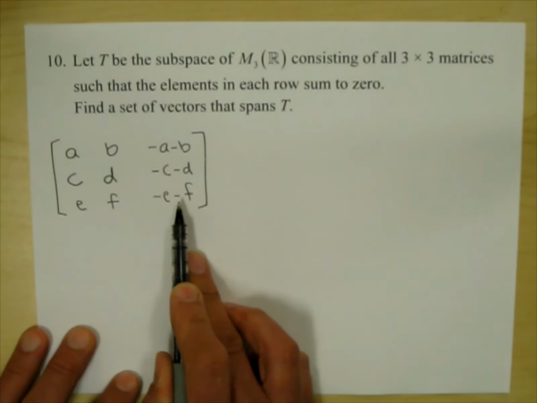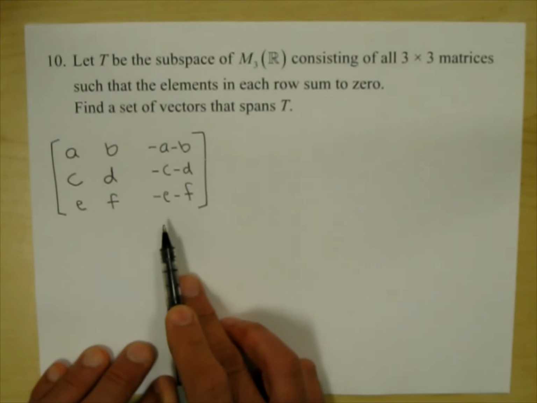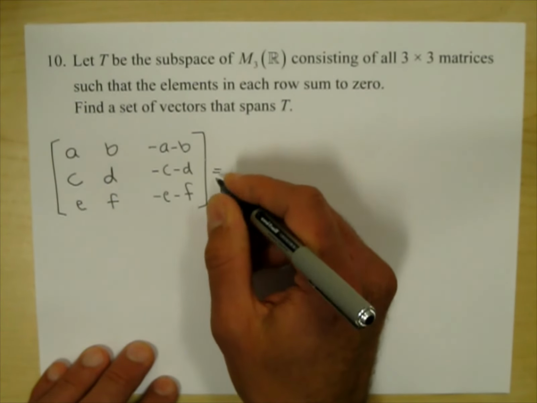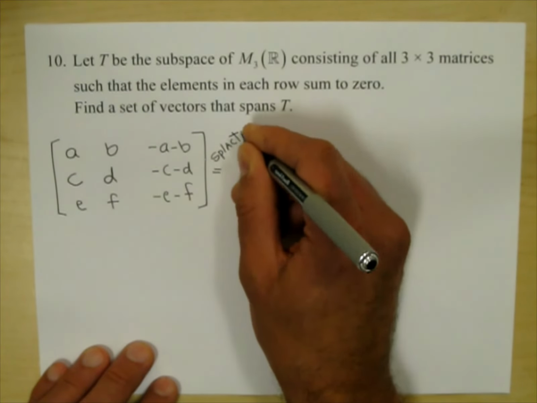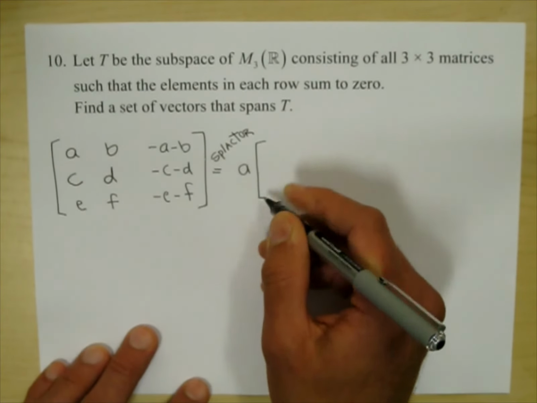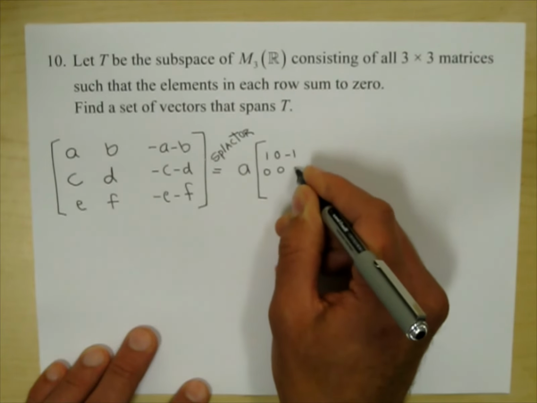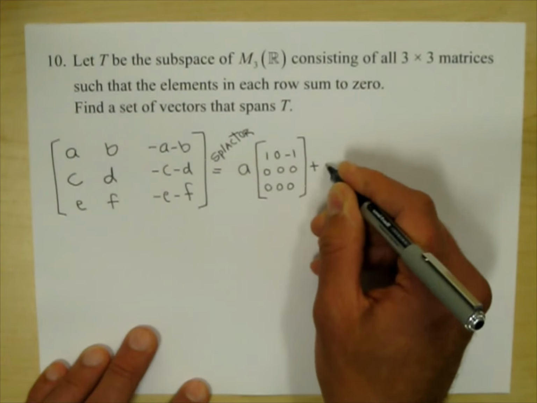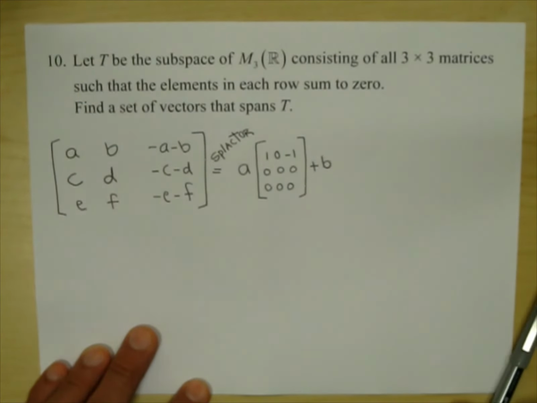It looks like that. And so what do we have to do? We're trying to find the seeds that generate anything in here. We're going to splatter. So A times the 3 by 3 matrix 1, 0, negative 1, and then zeros everywhere else, plus, so this is going to be pretty long to write.